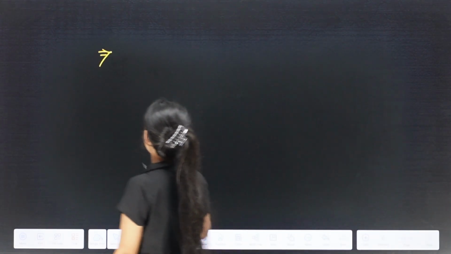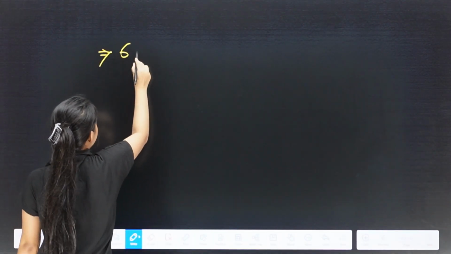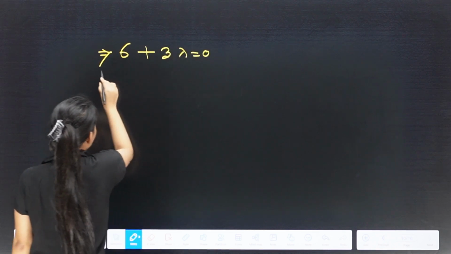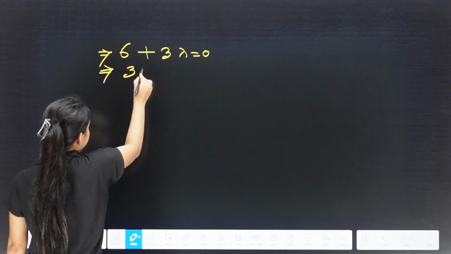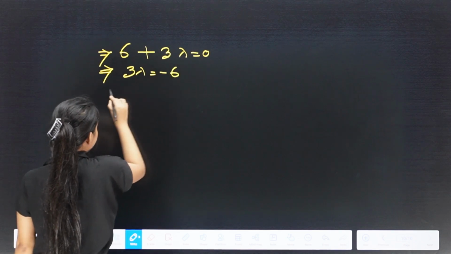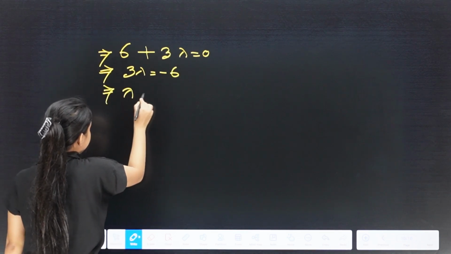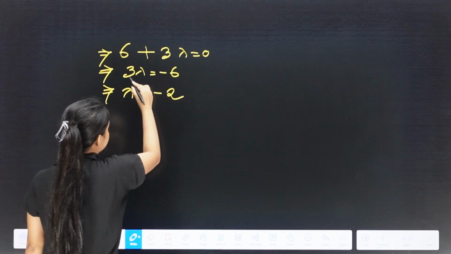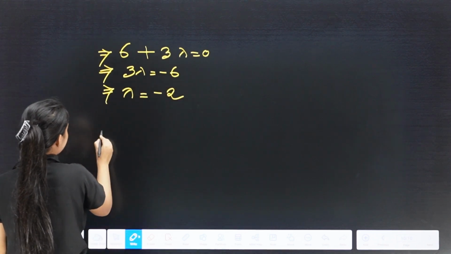So our last equation is 6 plus 3 lambda equal to 0. From here we will find lambda: 3 lambda is equal to minus 6, that is lambda is equal to minus 2, since 3 twos are 6.